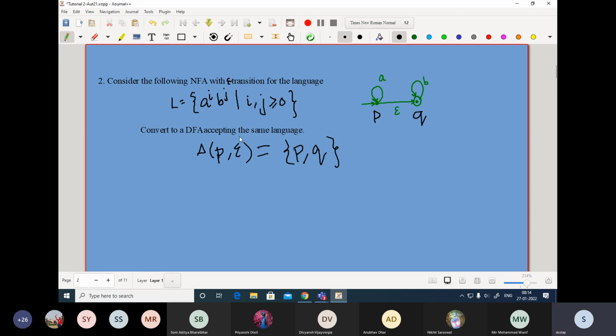So epsilon is not part of sigma, so you're taking it over some sigma dash, which is sigma union epsilon, right? Yes, ma'am. How are you using this to define an equivalent DFA?